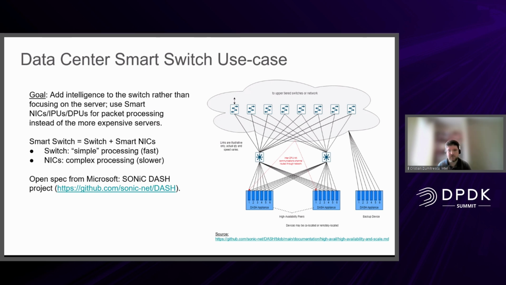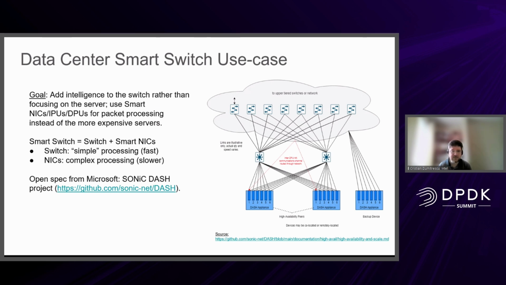So, taking a quick look at this use case, what exactly is the smart switch use case in a data center? As we all know, a data center is mainly made of switches and servers. And in order to make the data center smarter, we need to have smarter switches, we need to have smarter servers. Now, on the data plane side, we could use servers to do some part of the data plane, namely the more complex processing that the switch usually is not able to do. Or we could also focus on the switch. Obviously, we need to focus on both sides of the problem.